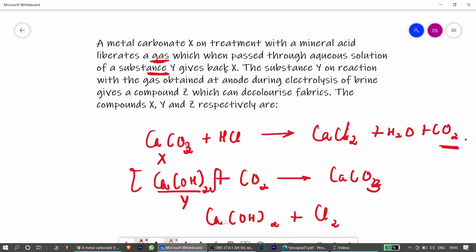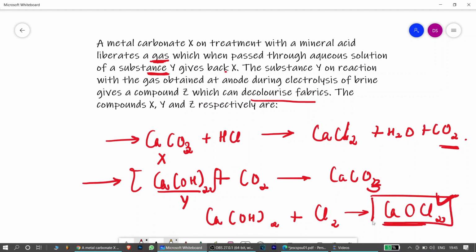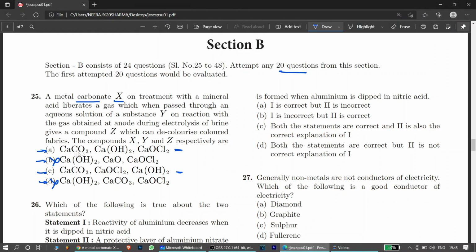So when this reaction happens, we get CaOCl2, and this is used for decolorization of fabric, as you already know. So X is calcium carbonate, Y is calcium hydroxide, and Z is CaOCl2. I hope this is clear. So the first answer is option A.